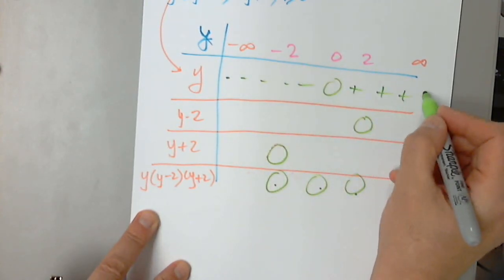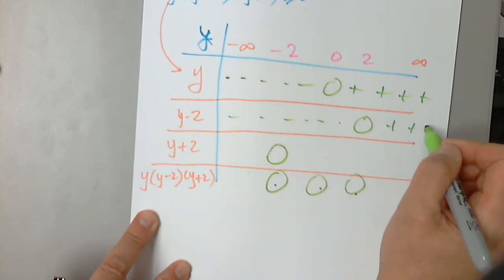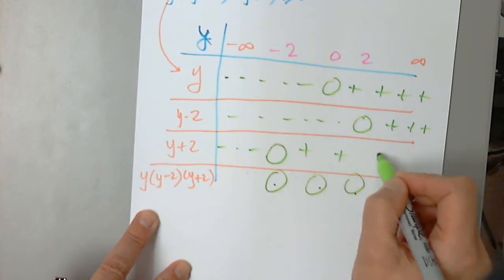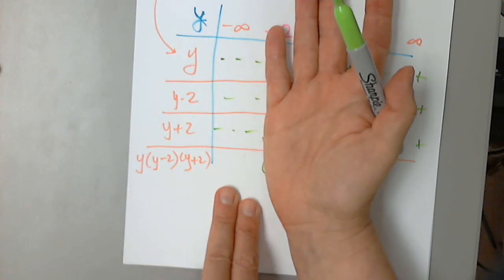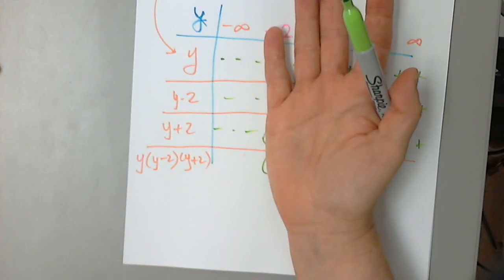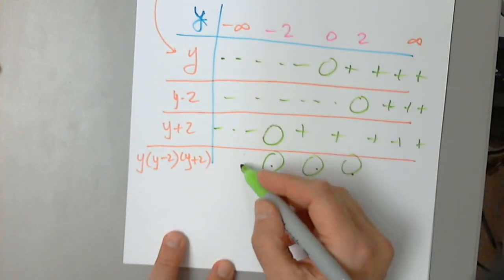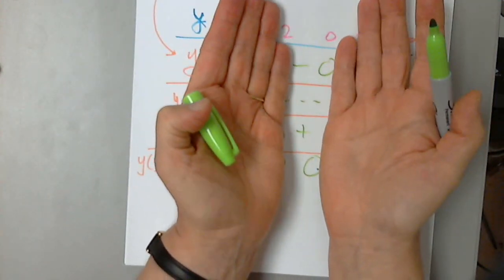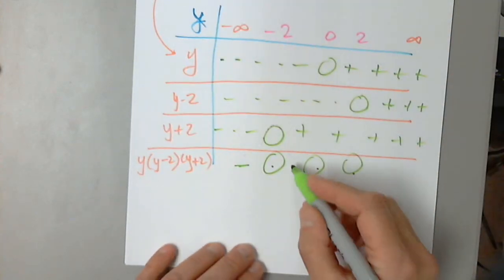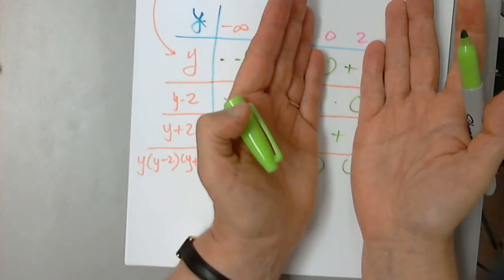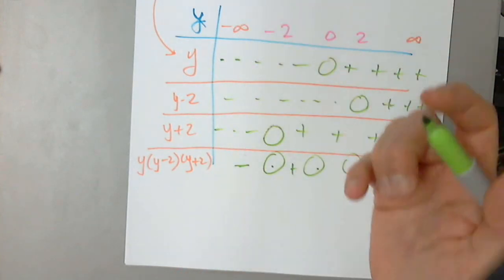Of course. You don't have to plug in any number. If you would like to plug in numbers, please do so. On the first subinterval, I multiply 3 negatives. What is the sign of the outcome? In the next subinterval, I multiply 2 negatives. What is the sign of the outcome? Perfect. In the next one, I have only 1 negative. Sign of the outcome.